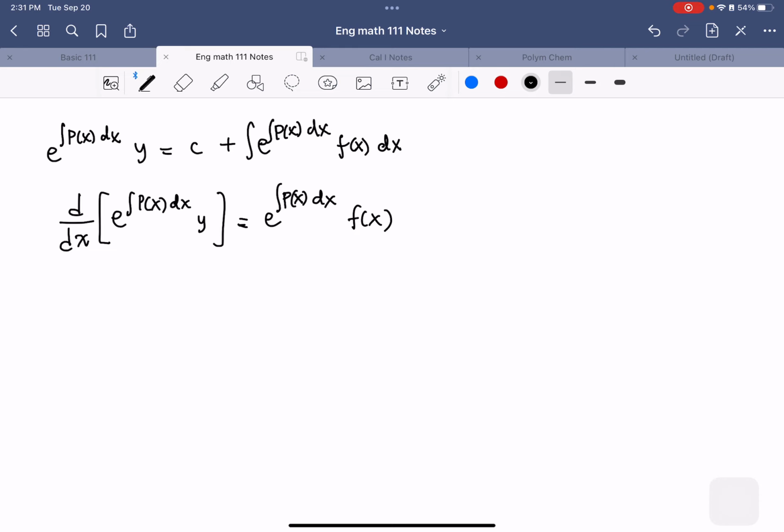Okay, now let's take the product rule. The first is this, and then plus e.